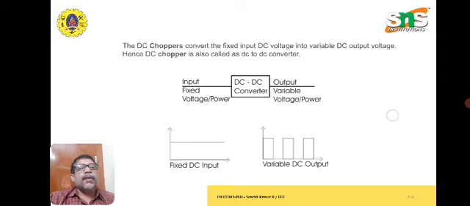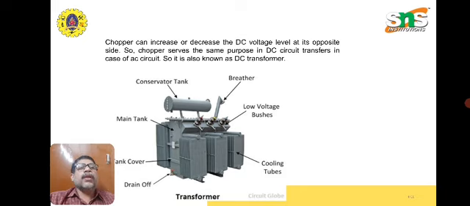See here, the analogy of a DC-DC converter or a chopper is nothing but a transformer, which you studied in your electrical machines subject. A transformer is a static electrical machine which transfers AC to variable AC, AC to step up AC, and AC to step down AC.